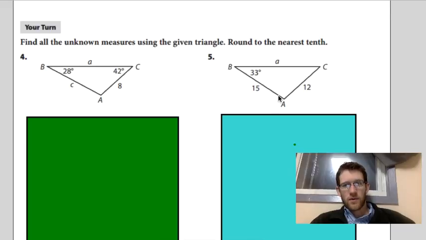However, we know 2 sides. So you're going to have to use the law of sines to figure out angle C. Once you figure out angle C, you'll use the triangle sum theorem to figure out angle A. And then you'll use law of sines again to figure out side A. So go ahead and take a stab at that. Let me know how that goes. Pause.